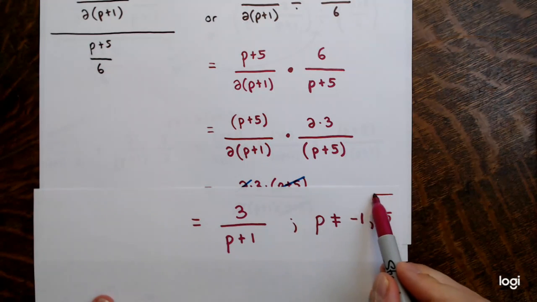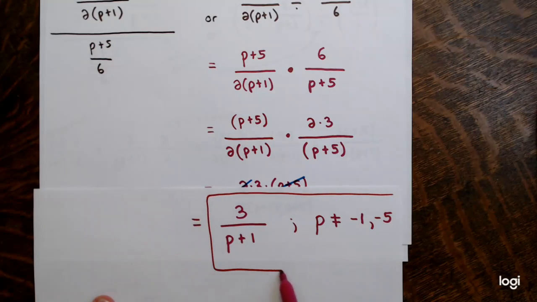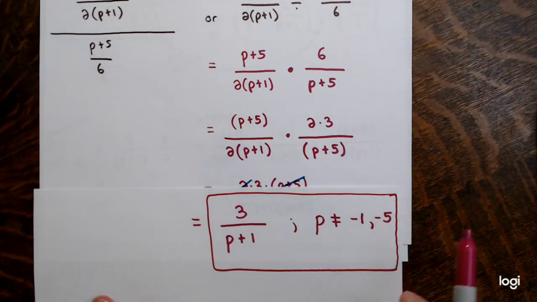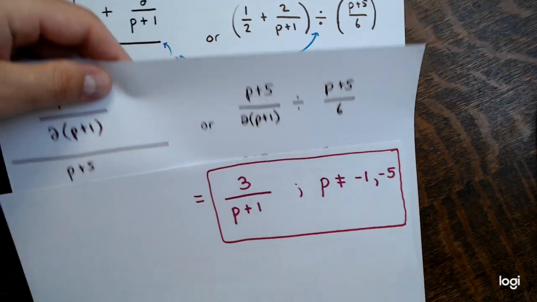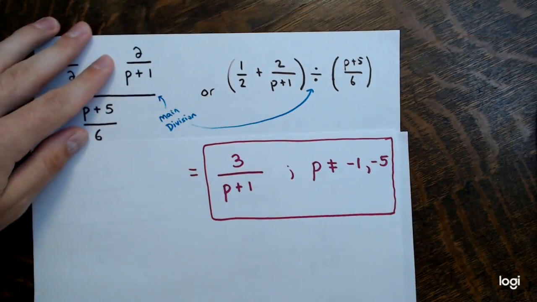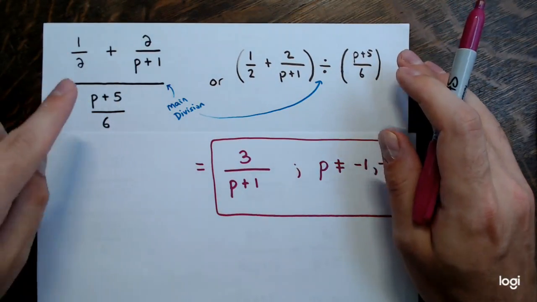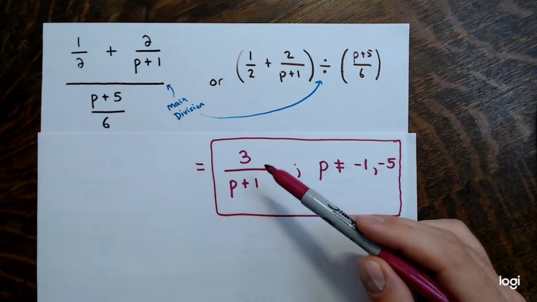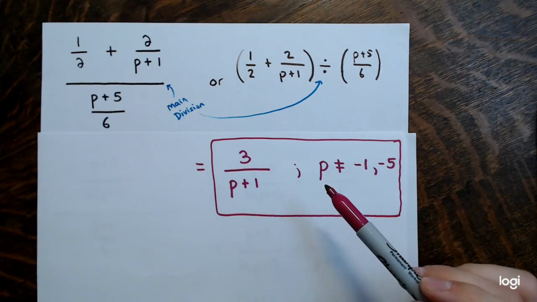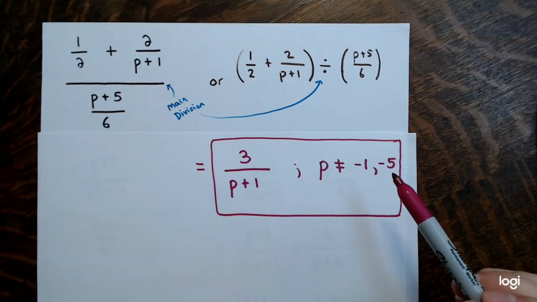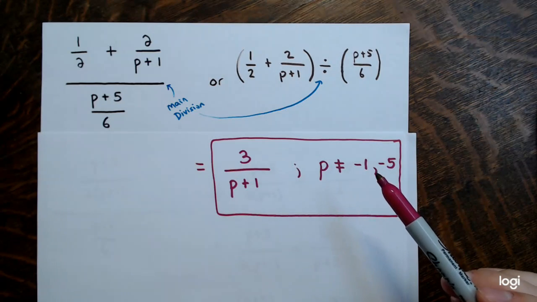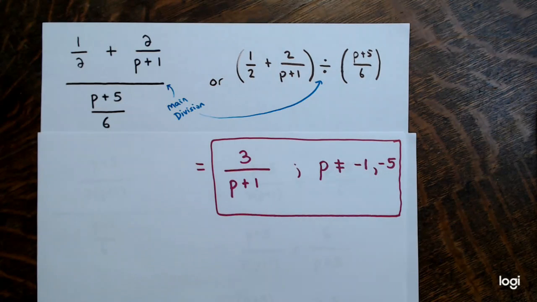So this is it. The value of this original complex fraction is equal to the value of this simple fraction here, just so long as I don't plug in -1 or -5 for p. And if you want to test that out, try plugging in some numbers for p.